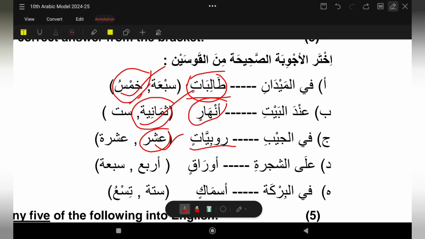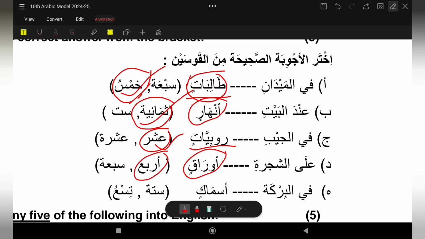Looking to the plural, we have to take it singular. Awraq is plural, its singular is waraqat. There is ta, so that's why it's muannas. So its answer should be arba.